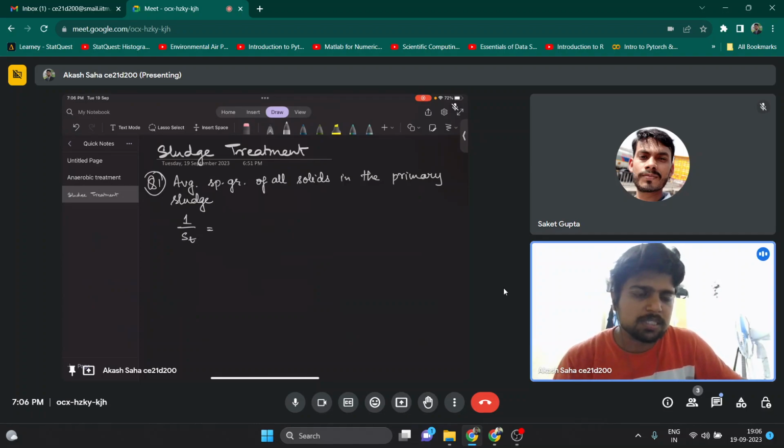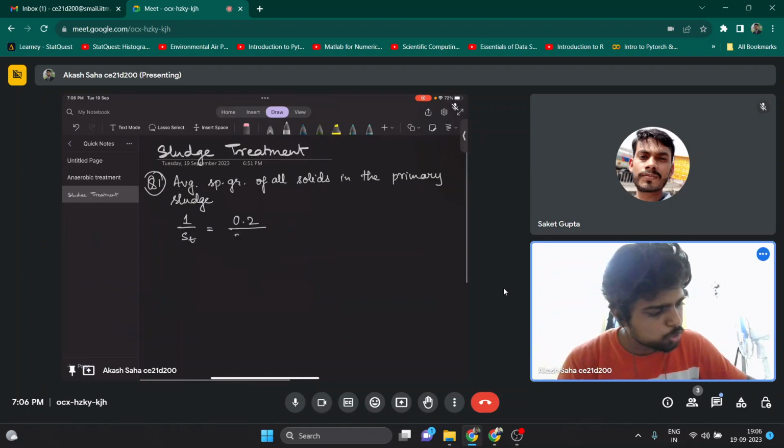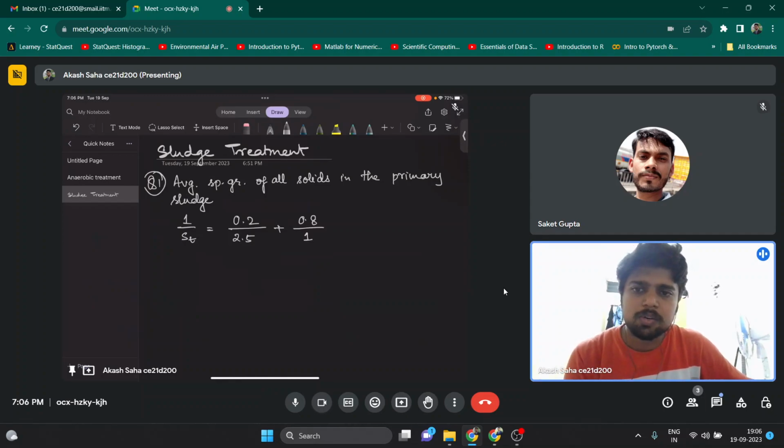Volatile percent is given as 80%. So my fixed solids will be 0.2 and the specific gravity of the fixed solid is 2.5, plus volatile part 0.8 and the specific gravity is 1. With the help of this equation, I will be able to find out the specific gravity of the solid in the primary sludge.